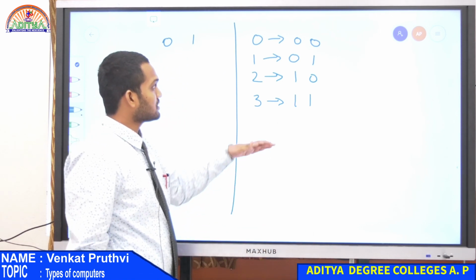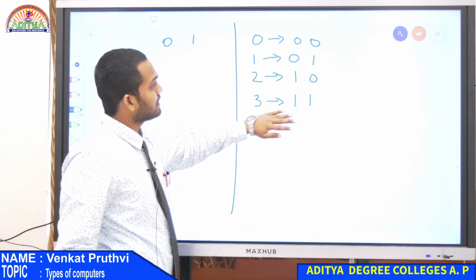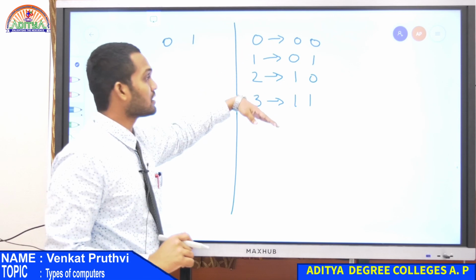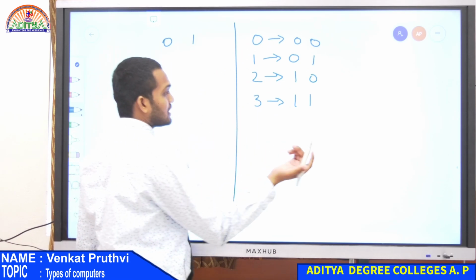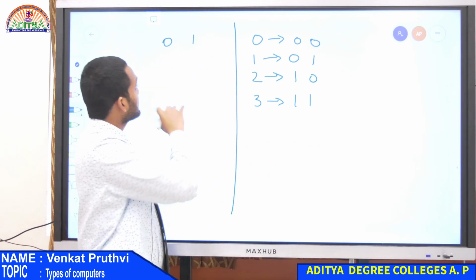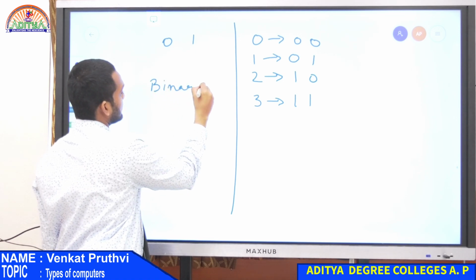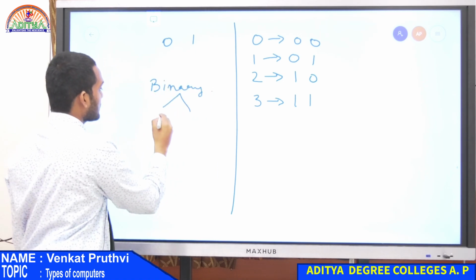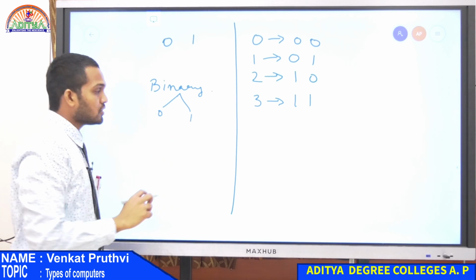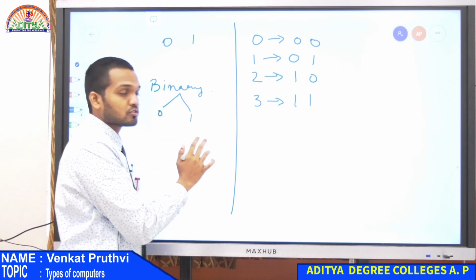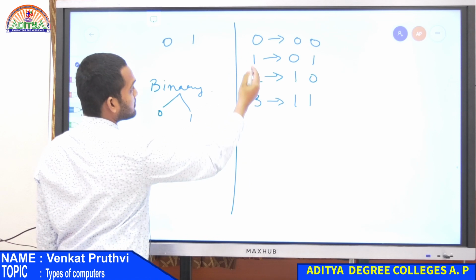How did I get this? Let us stop till here and we will try to understand how we got these numbers. Generally, if we are talking about binary, binary means 0 and 1, right. So, how many digits do you have? 2. So, if you want to convert, this is a decimal number.